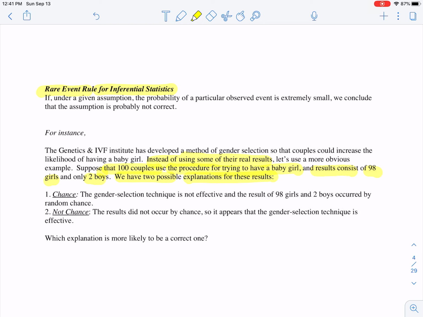We say that the gender selection method is not effective, so the result of 98 girls and 2 boys occurred by chance. The second explanation is that the result did not occur by chance, so it appears that the gender selection technique is effective. So which explanation are we more likely to support? I wouldn't say the correct one here.